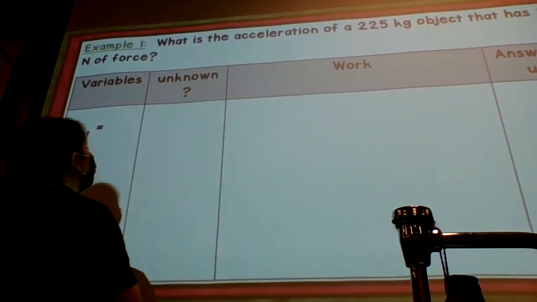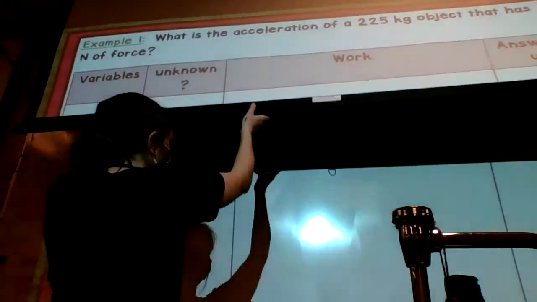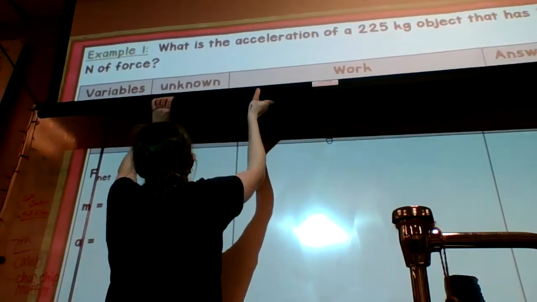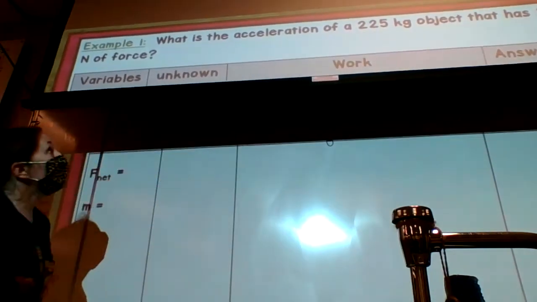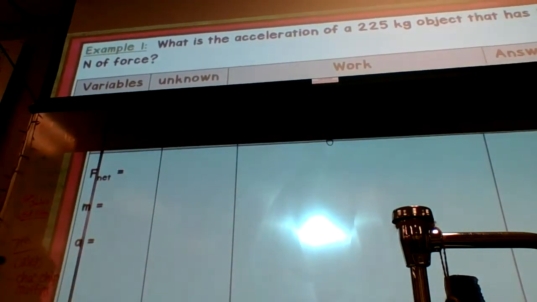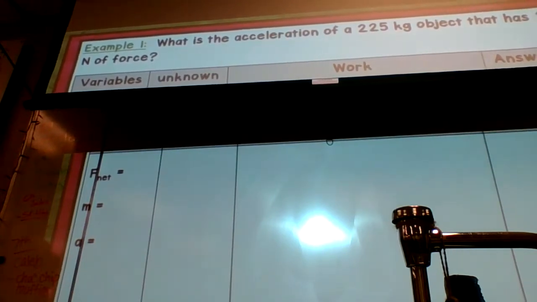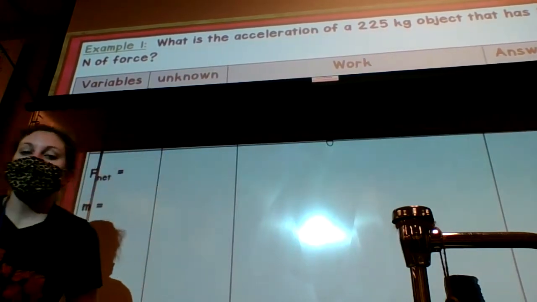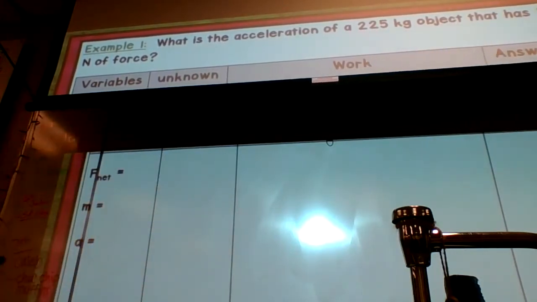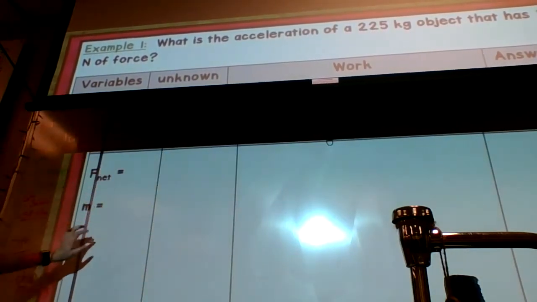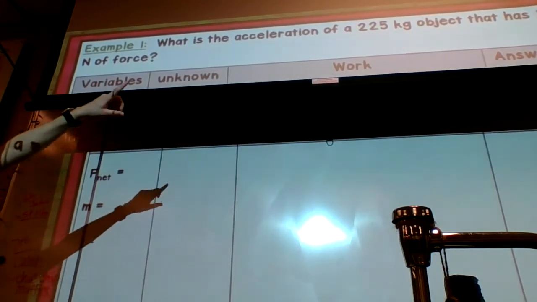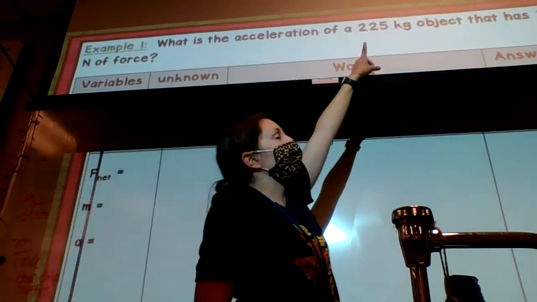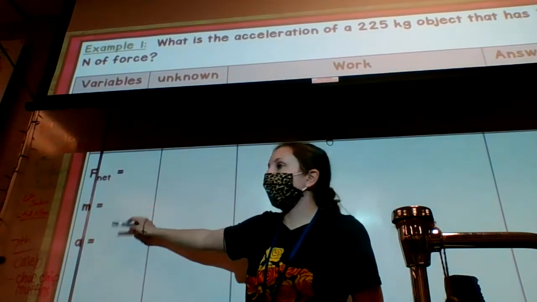Example 1. What is the acceleration of a 225 kilogram object that has 225 newtons of force? First things first, we determine what variables we have. Where would you put 225 kilograms? Is that F, M, or A?